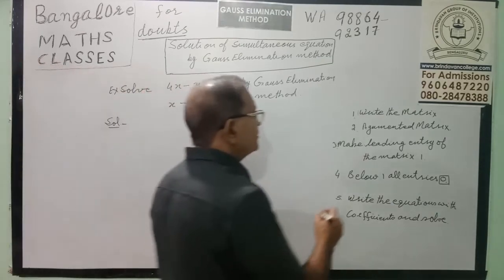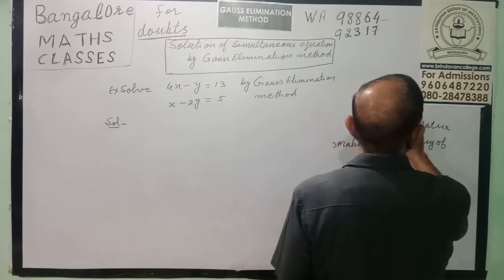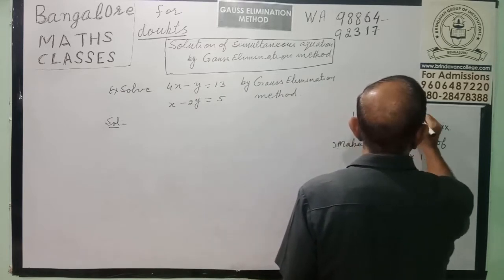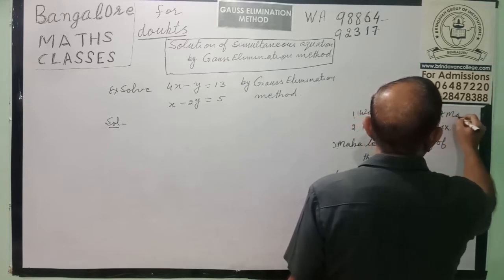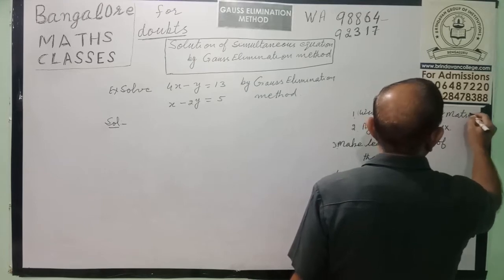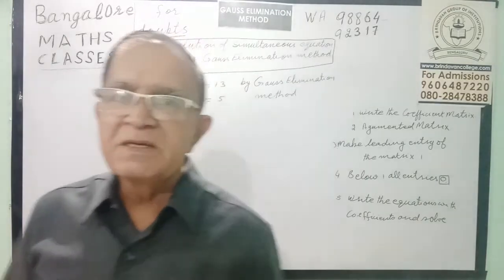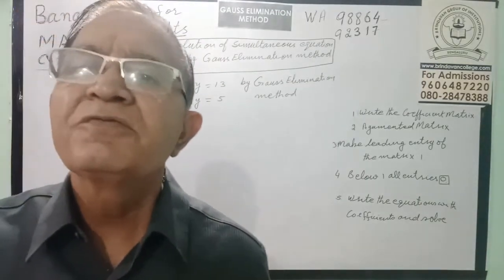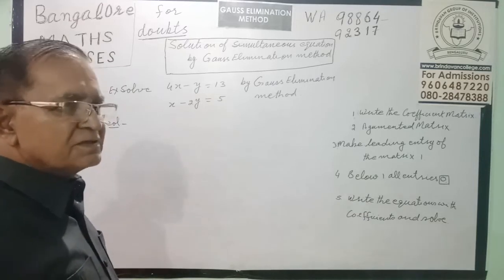Actually, it is the coefficient matrix. Coefficient matrix means we have to consider the coefficient of x and y here because variables are 2, otherwise x, y, z.